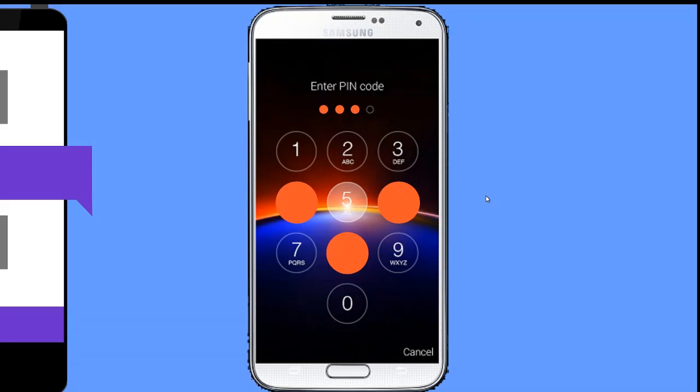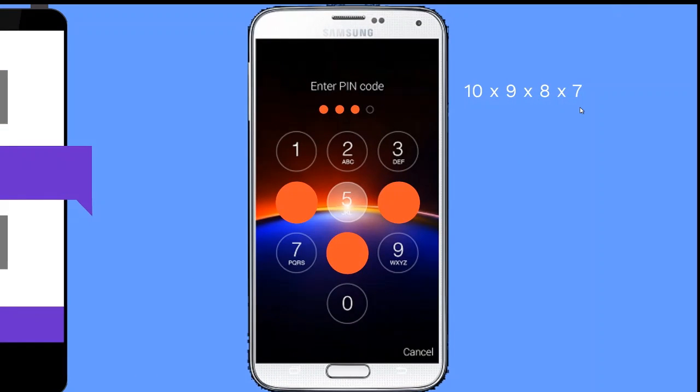I only have 7 possibilities. That is 10 into 9 into 8 into 7. The total possibilities of making a pin code with four numbers are 10 into 9 into 8 into 7, and the answer of that, you can always find out. That's all yours.